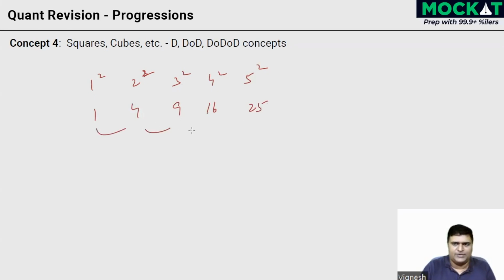If we take the differences over here, what are we getting? 3, 5, 7, 9. But if you take the difference of the difference, that's going to be 2, 2, 2, and it's the same everywhere. So the differences of squares are going to be in AP. The difference of differences are going to be a constant, right? Some of these you can just list out and check for the difference or difference of difference and work it out. You will realize that a constant emerges, right?